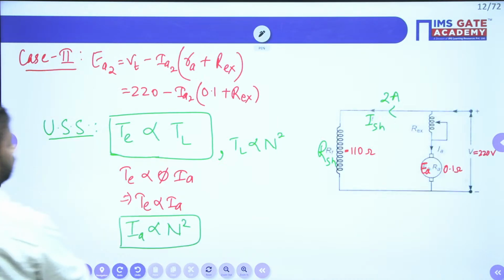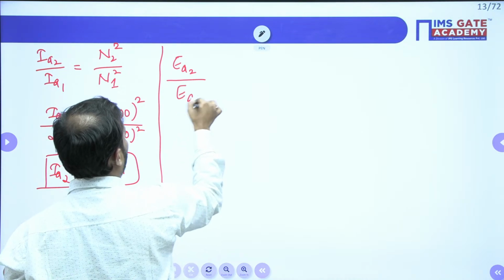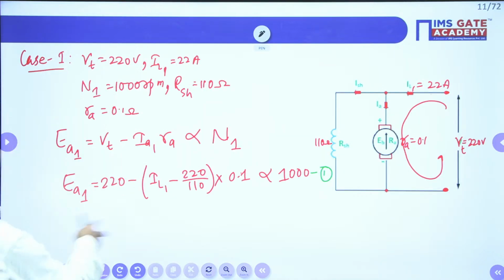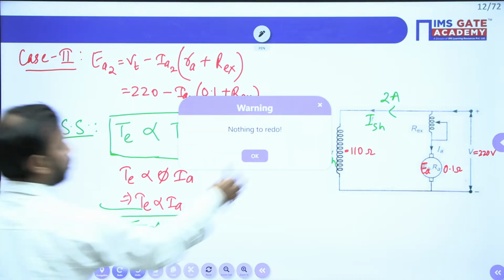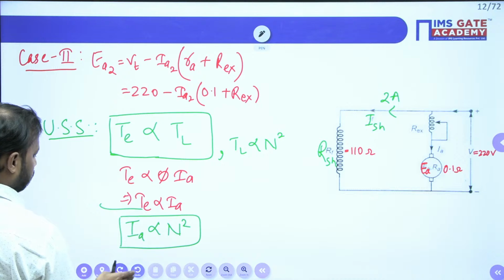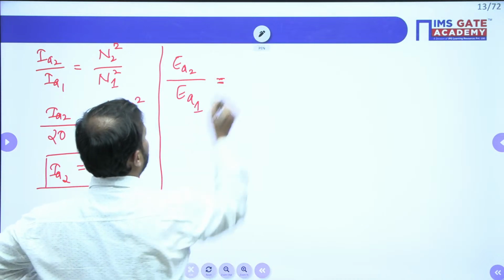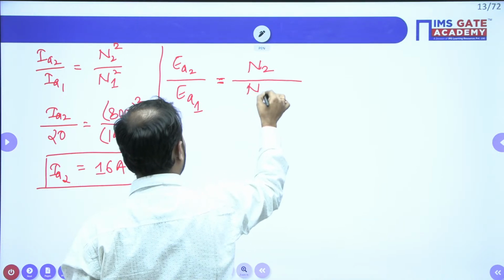Now next, substitute this value here. So EA2 divided by EA1 will be equal to, I have written Ea, this is proportional to n. So this is equal to n2 by n1.